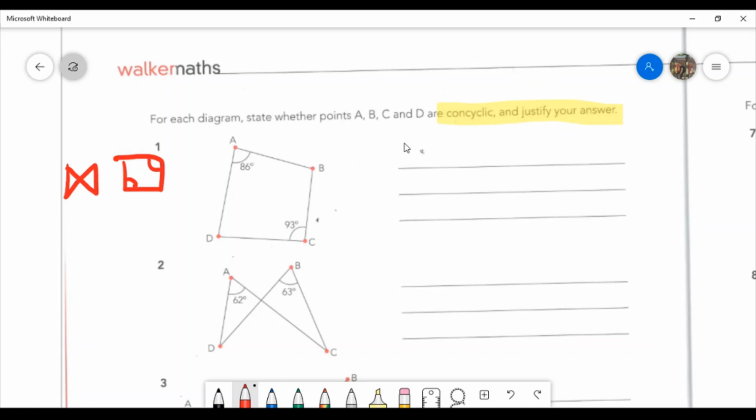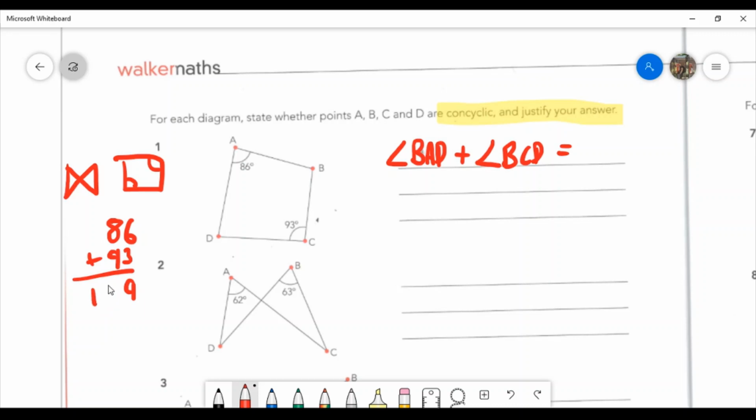Let's add up angle BAD and this angle here, angle BCD. If you do the math, you're going to find out that in fact, we're just short. So this is not 180 degrees.